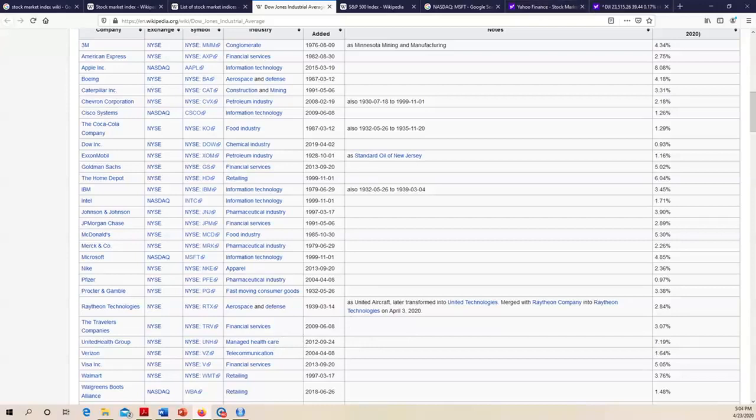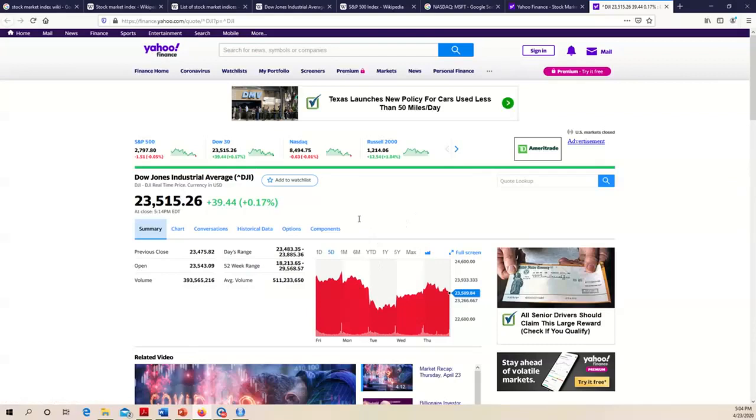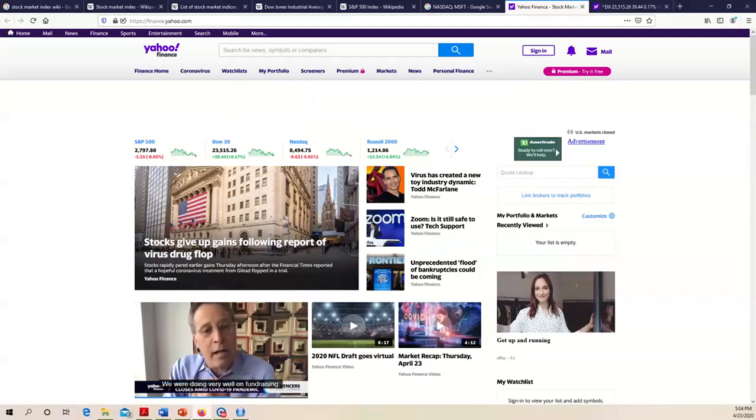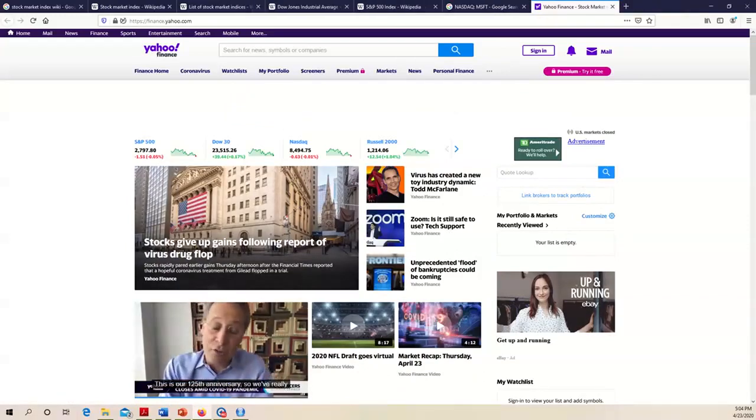Okay, but there are thousands of stocks traded in American stock markets, right? So the Dow index is not very representative of the entire American stock market. So that's why we have other stock indexes. So let me click this S&P 500.